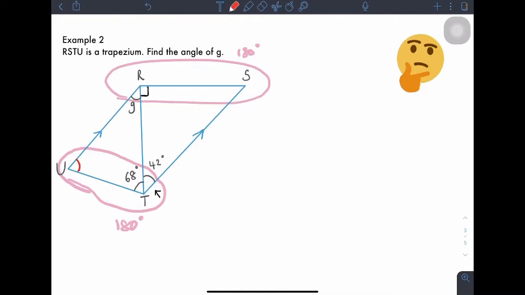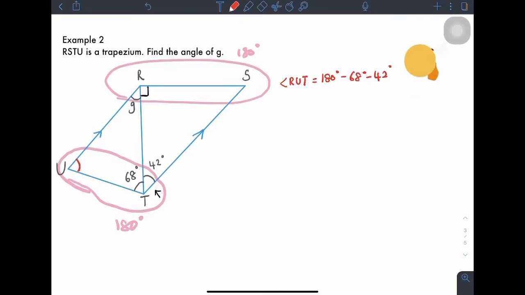So to find angle RUT, what you need to do is take 180 degrees minus 68 degrees minus 42 degrees.